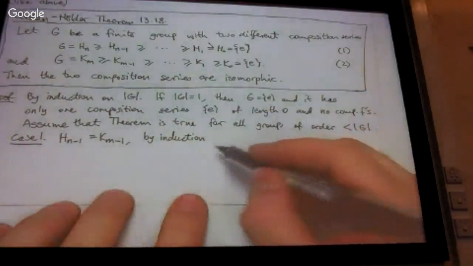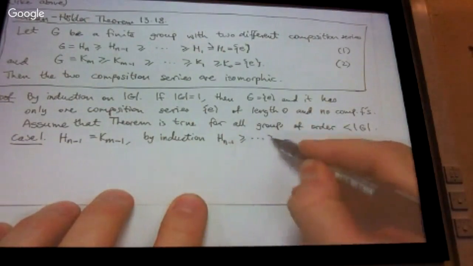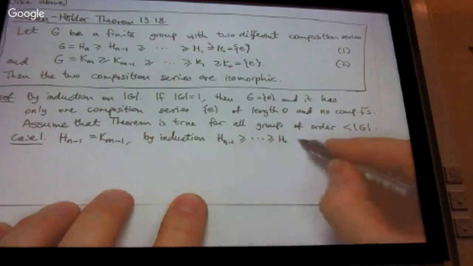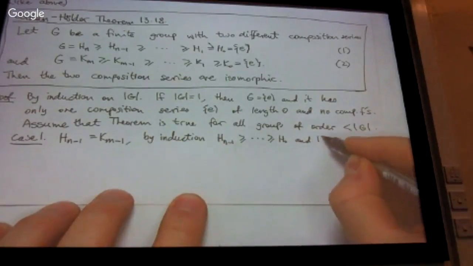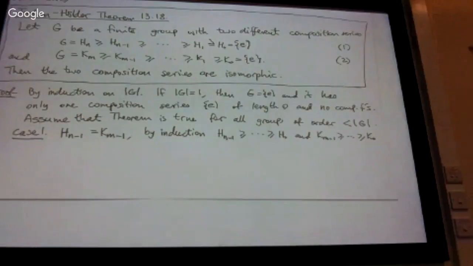then what happens is that you look at what's left when you take the first group out of the composition series. Well, because the second thing on the list is smaller than the first thing on the list, we can use induction, and these two composition series have to be isomorphic.